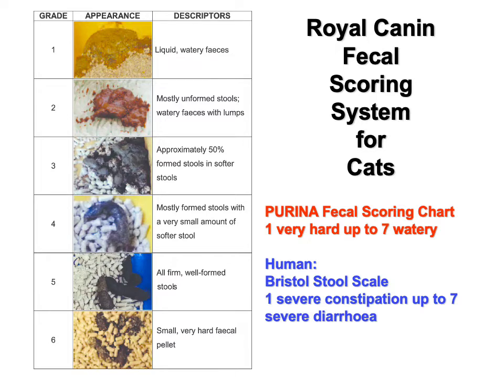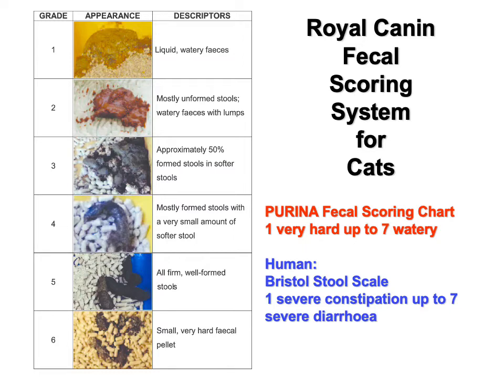They start with score or grade 1, which is liquid watery feces, and through more and more consistent stools they arrive at grade 6, small very hard fecal pellets. So this is from 1 to 6, the opposite direction.